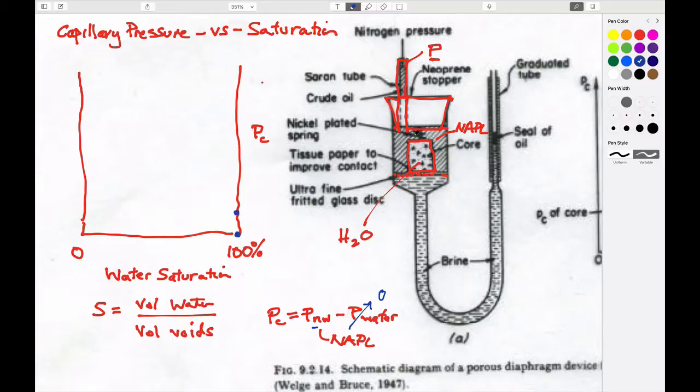If the pressure difference between these is not large enough for us to physically push a bubble of this oil into the pore sample in the largest pore throat, then the saturation of water will still be 100%. If we increase it again, and it's still not big enough to get into the largest pore, it will still be 100% water saturated because nothing has come out, and this stuff is still trying to get into it.